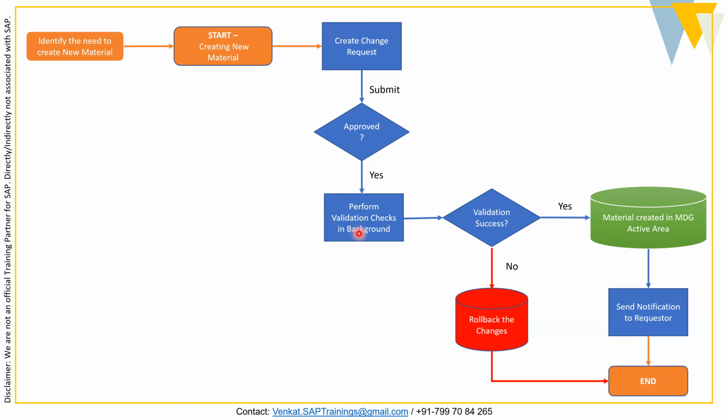That one the background will take care of. These are not dialog steps. These are background steps. These three are related to the activation. So when I say how many dialog steps are there, 2 steps. So it is a 2-step workflow. And when I ask how many levels are there, you need to consider only the approval levels. Only one approval is required.